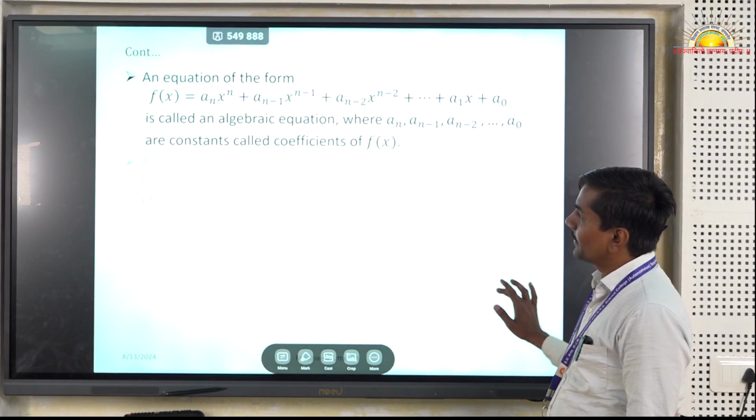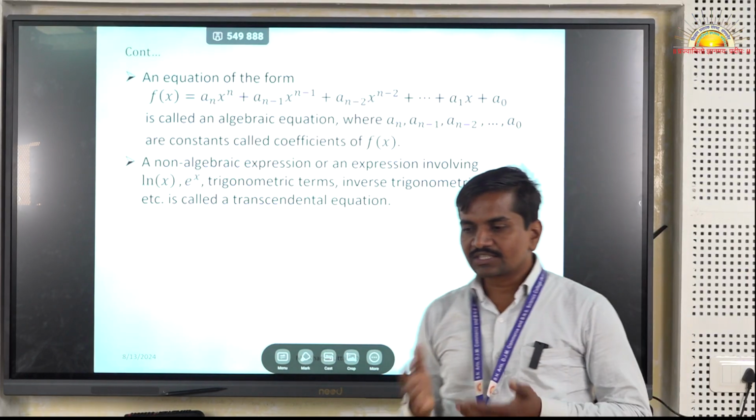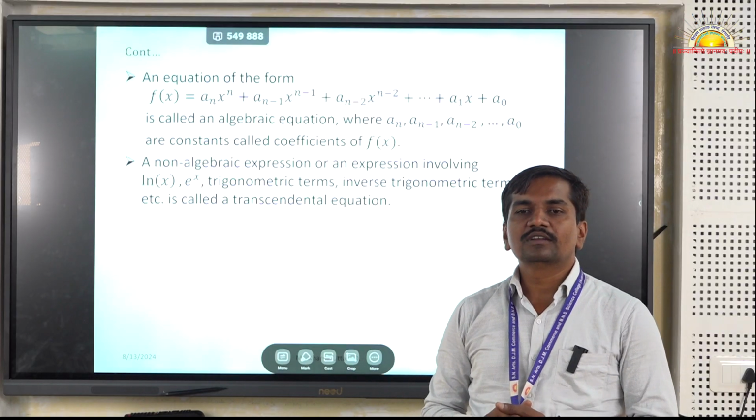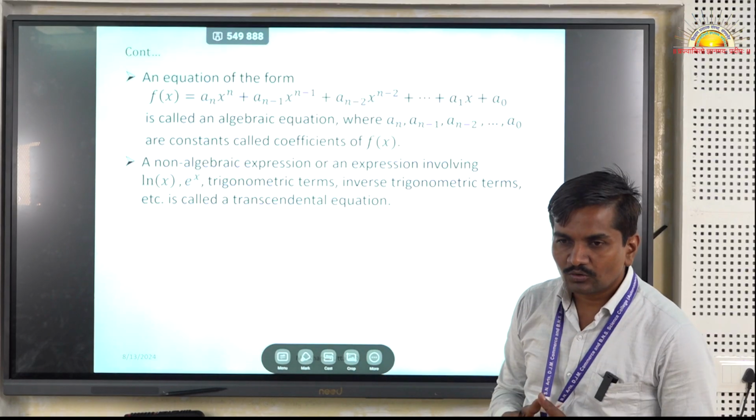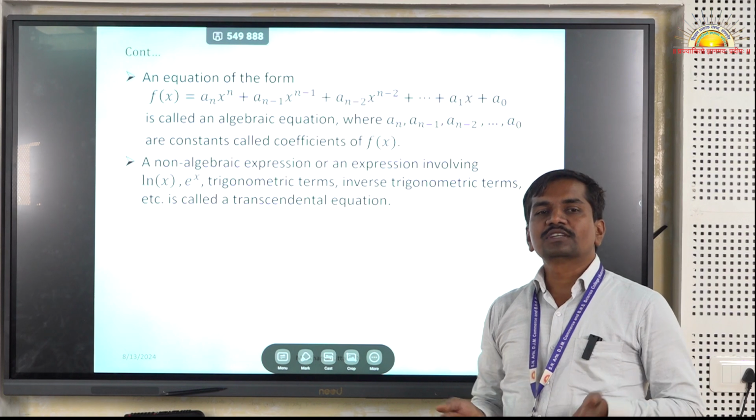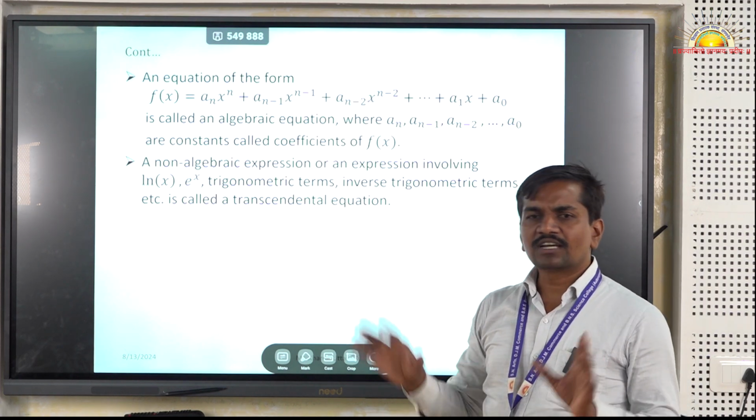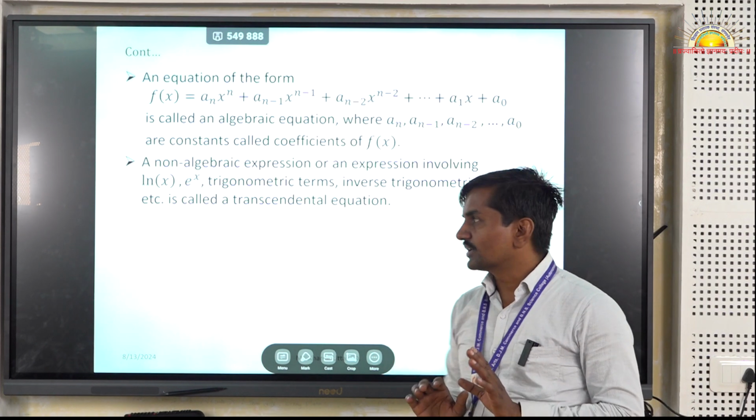For example, x square minus 2x plus 1 or x raised to 5 minus 3x square plus 2x plus 10 are examples of algebraic equations.